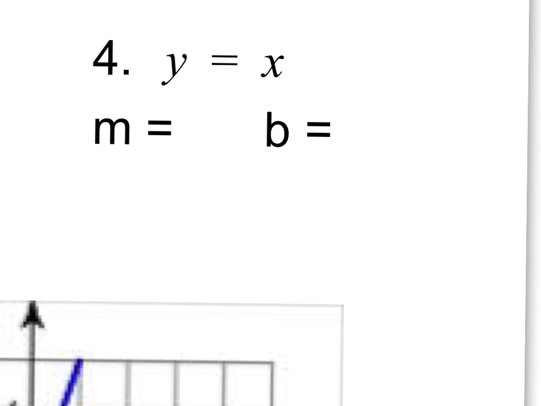Number 4 is also just a little bit tricky because on number 4, you have y equals x. What am I missing? Since I have an x, I have something that is a slope. We'll get to that in just a minute.